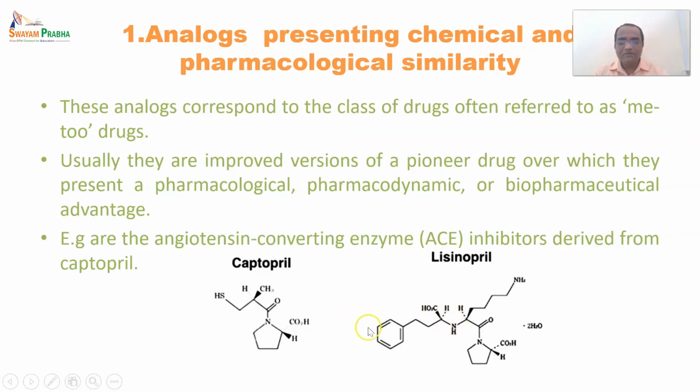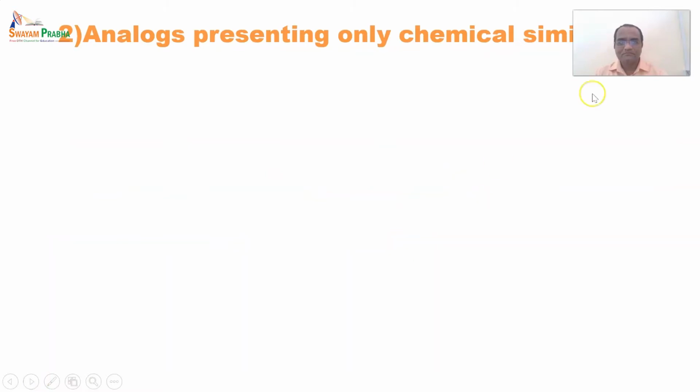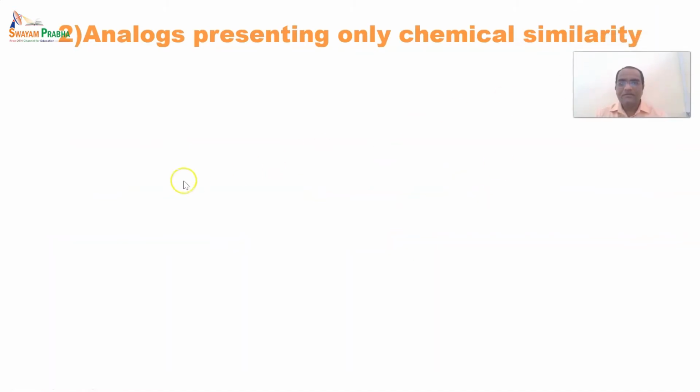These modifications are usually for increasing pharmacodynamic properties or taking some biopharmaceutical advantage, that is pharmacokinetic parameters, but the basic moieties are similar. Captopril is the lead molecule, and lisinopril, enalapril, all the prils are analogs of captopril. After that, the second class is analog presenting only chemical similarities.